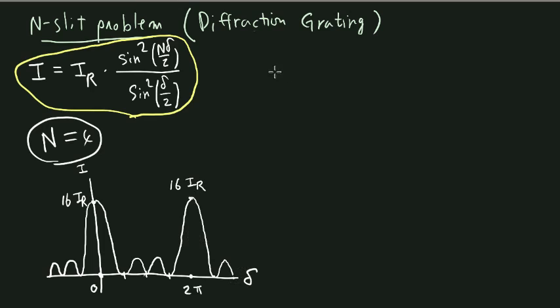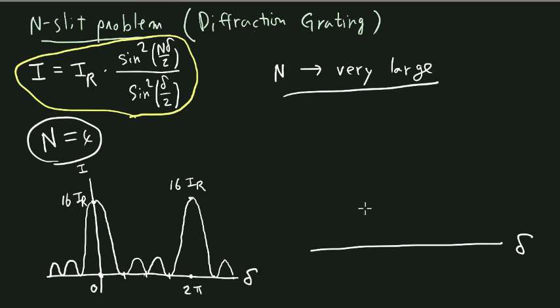And when n is very large, what happens is the following. You get delta, I, and this 0, 2 pi, and this one becomes n squared times I_R, so it's a huge number.